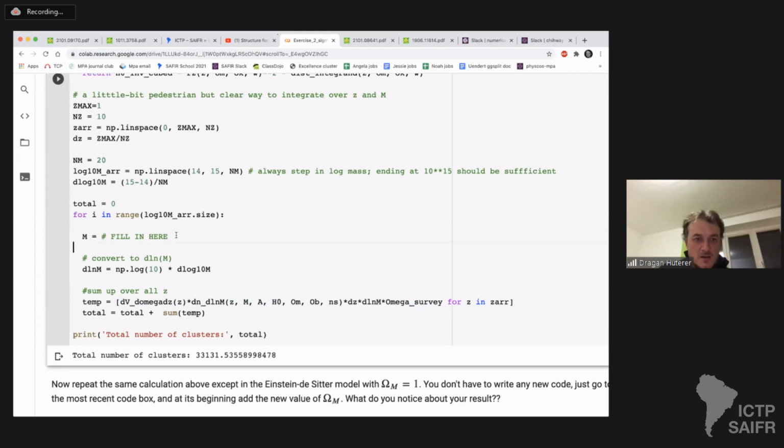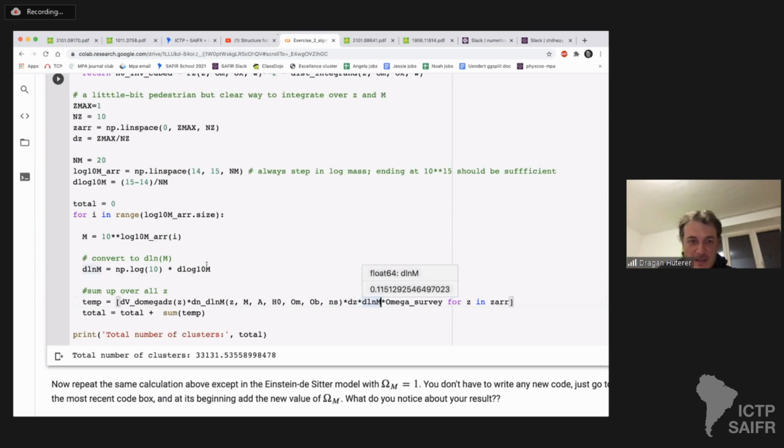I need to fill this out. So M is 10 to the power of log10 M array of i, right? Because for the ith element, this is an array of log10 M, so I have M, and I need M as well. And then the eternal conversion, don't forget the conversion. I like to write the integral this way because here I can see exactly what I'm integrating.